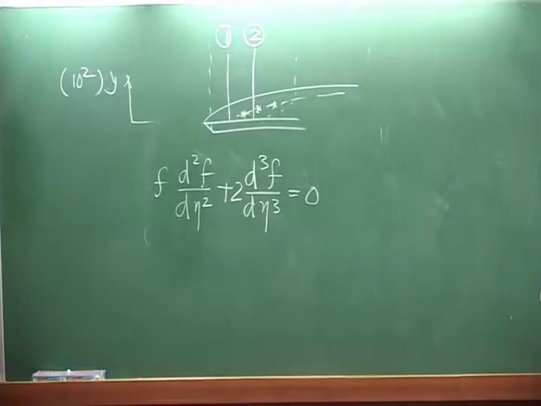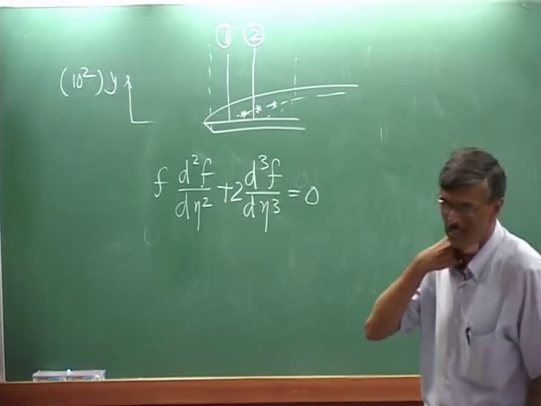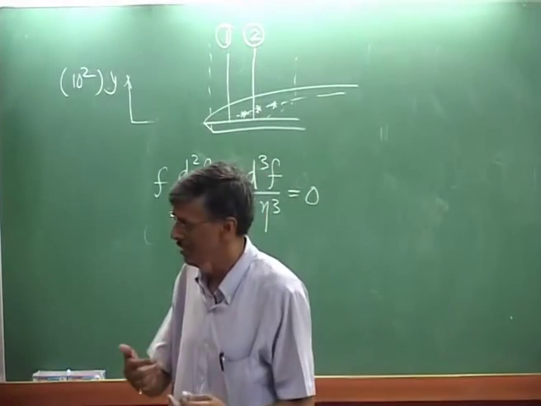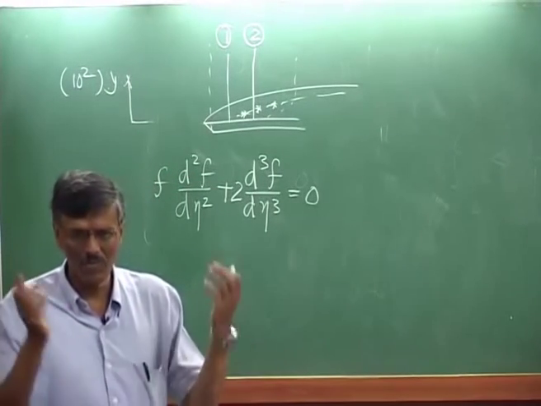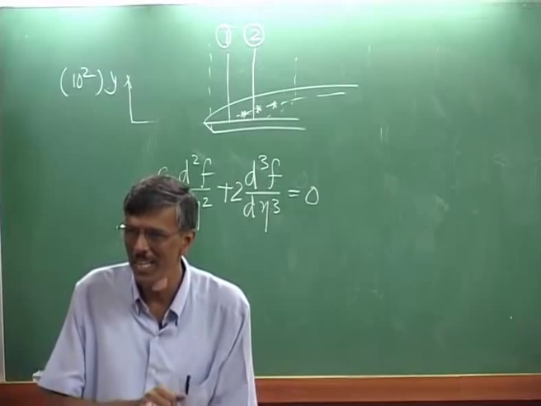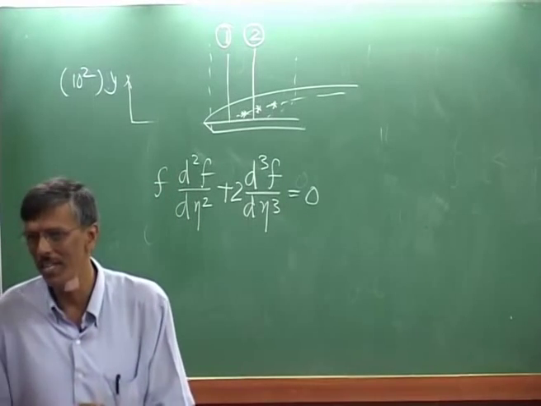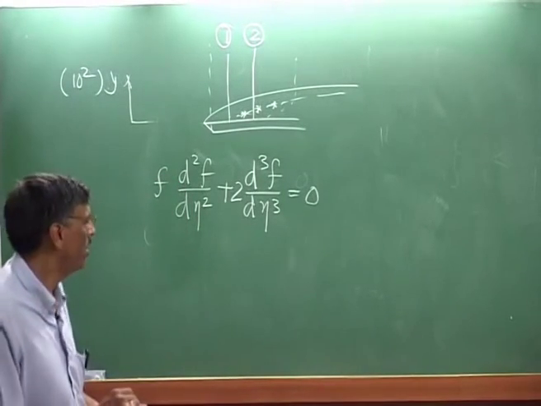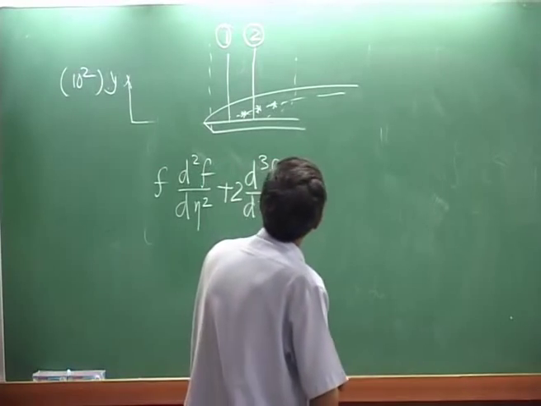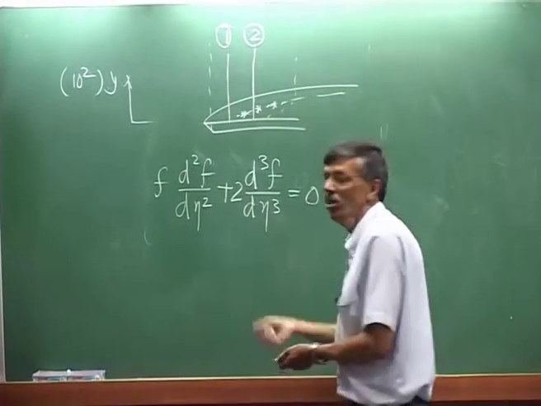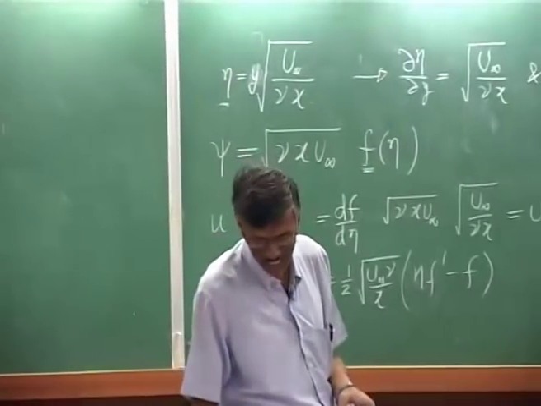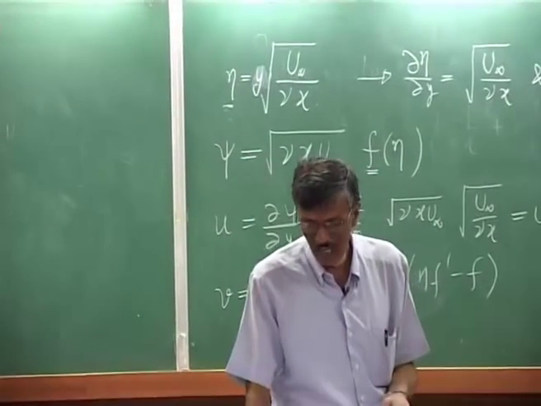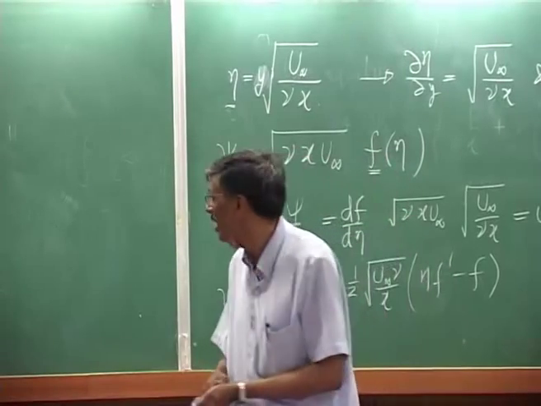So you can see that's a sequence of observations that led us from a nonlinear PDE to a nonlinear ODE. The good news is, of course, as I told you, that I could perhaps use a mechanical desk calculator to solve it, and people started solving it.